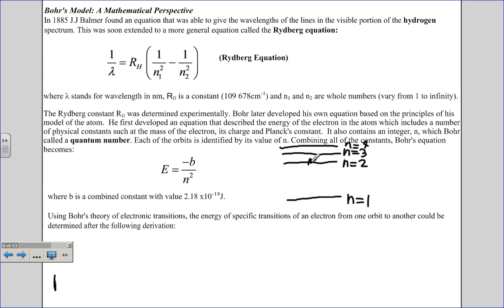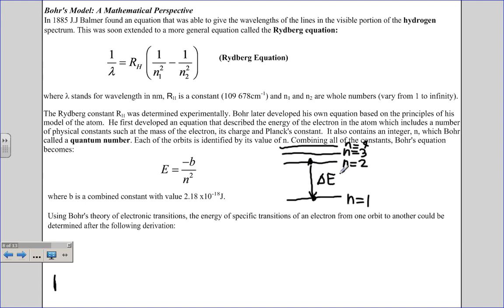So if I've got an electron on the 2nd energy level, if it falls back down to the 1st energy level, I can actually find this amount of energy. Because if I know the energy of the 1st level and I know the energy of the 2nd level, if I can find the difference between the two energies, I can calculate the amount of energy.